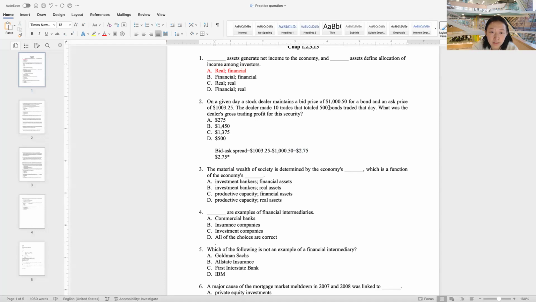The dealer made 10 trades that total 500 bonds traded. So this price is per bond, and the bid-ask spread is per bond. If the dealer processes 500 bonds, then it's the bid-ask spread, the price per bond, times the number of bonds, which equals 1,375. All right, so that is C.